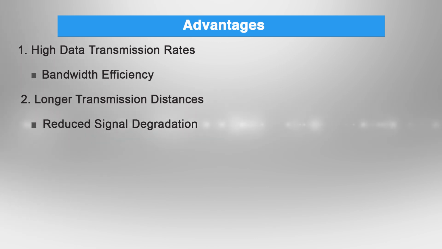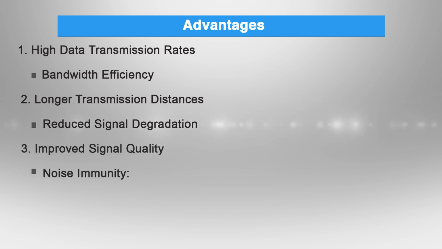Optical signals, when modulated appropriately, can travel long distances with minimal loss and distortion. This is especially beneficial for long haul communication, where maintaining signal integrity over vast distances is crucial.